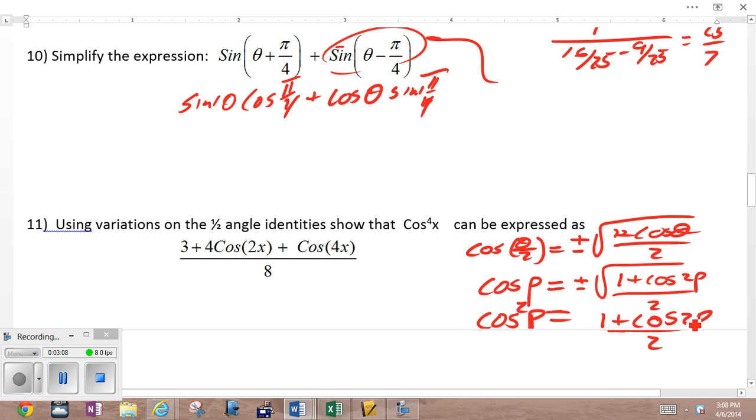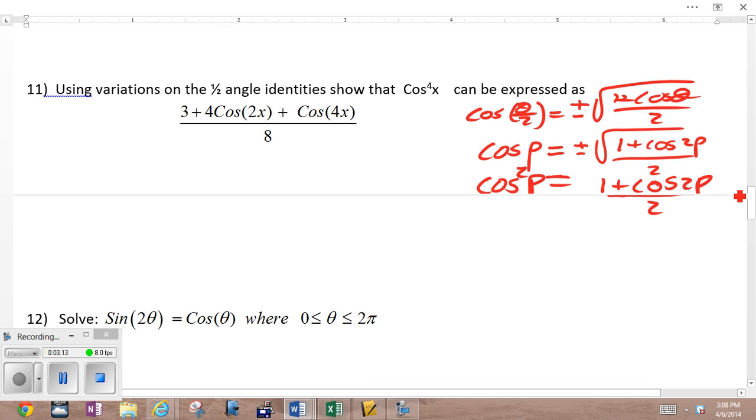So in other words, this gives me a way of expressing the powers of the cosine in terms of multiple angles rather than in terms of power. But the one I'm asking for is the fourth power of the cosine.